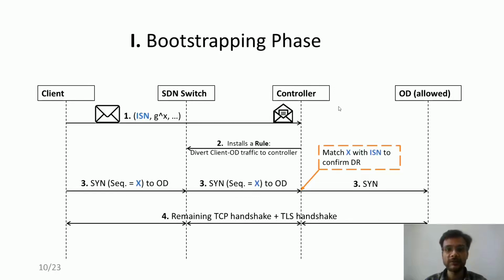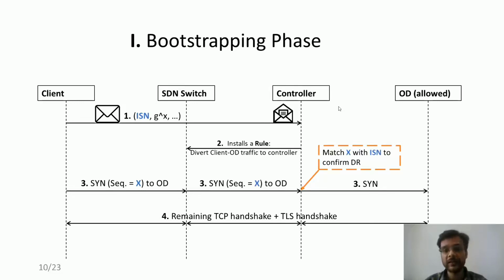The aim of the bootstrapping phase is to let the controller identify decoy routing flows without inspecting the non-decoy routing flows. We achieve this with the help of a new mechanism wherein a client initially informs the controller, with the help of some out-of-band channel, that it will be coming after a while and will be demanding decoy routing service. In our case, we use email as that out-of-band channel.